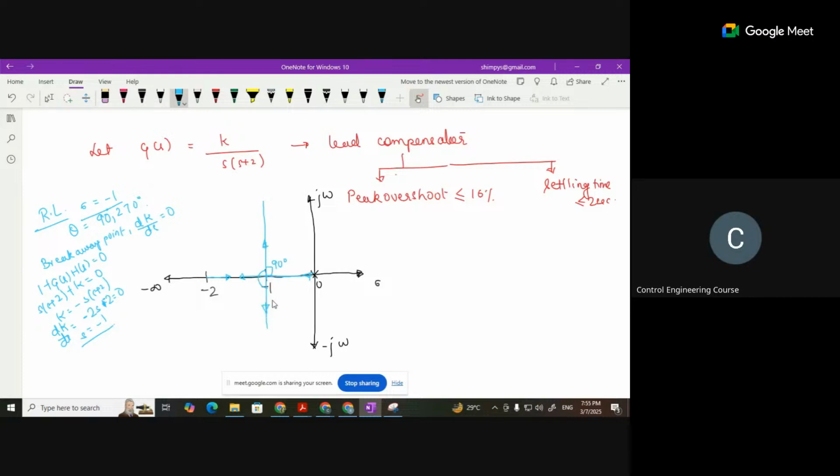So this is how my root locus will appear. Correct?